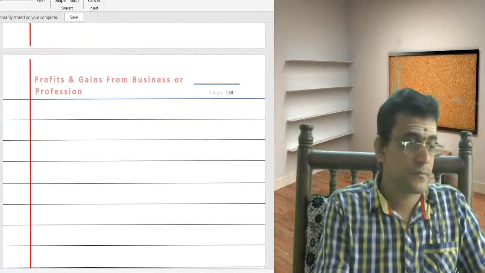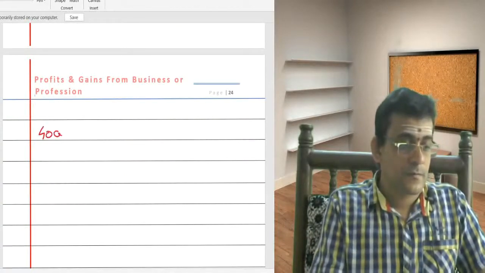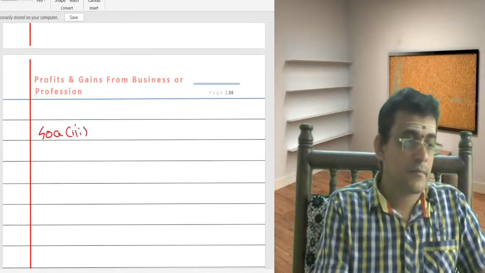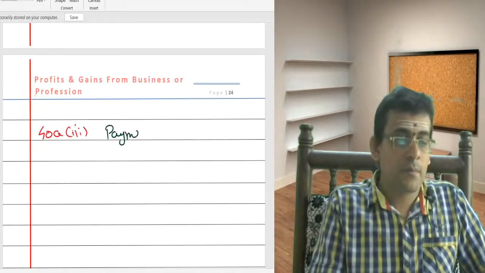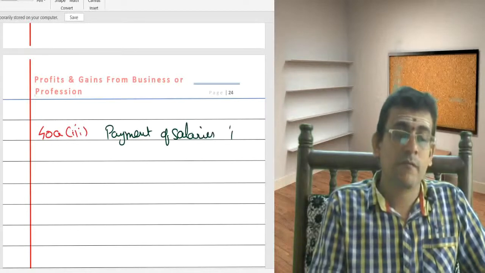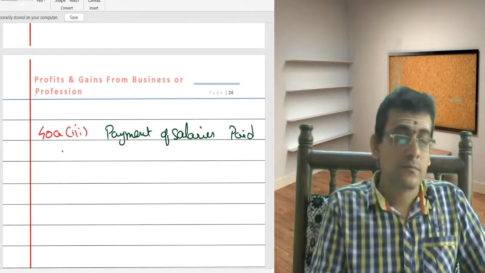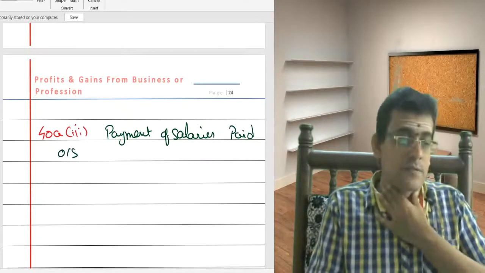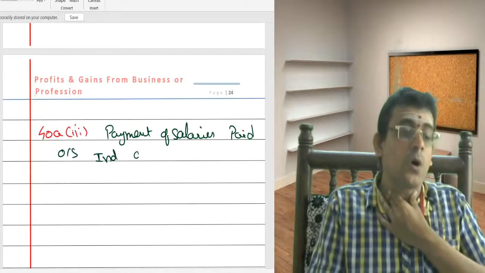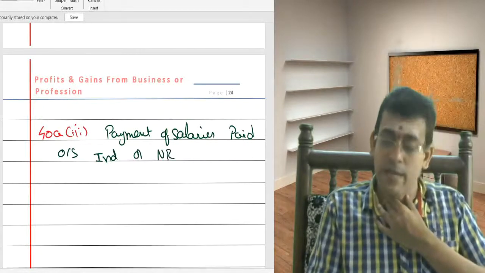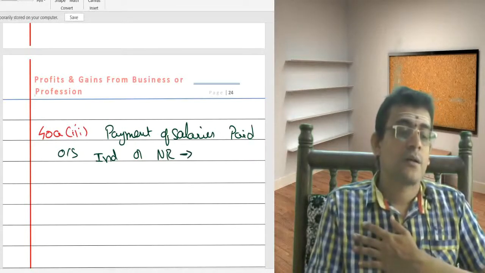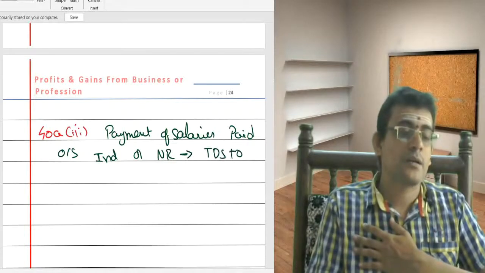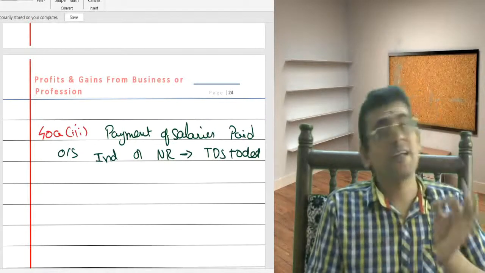Let us see what that is. 40A subsection 3 says that whenever you are making payment of salaries outside India, or you are making payment of salaries to a non-resident, then what you have to do? Then compulsory TDS is to be deducted. You need to deduct TDS. If you fail to deduct TDS, disallow.